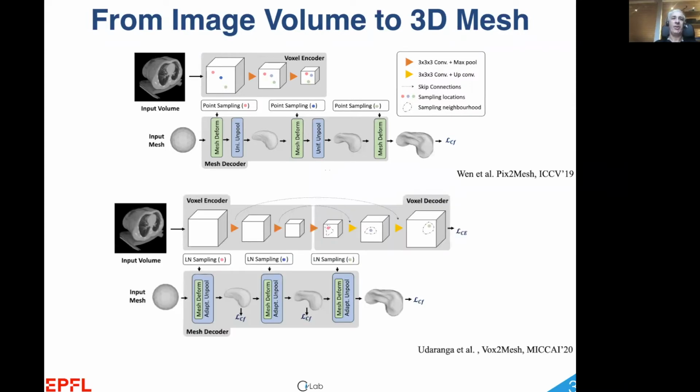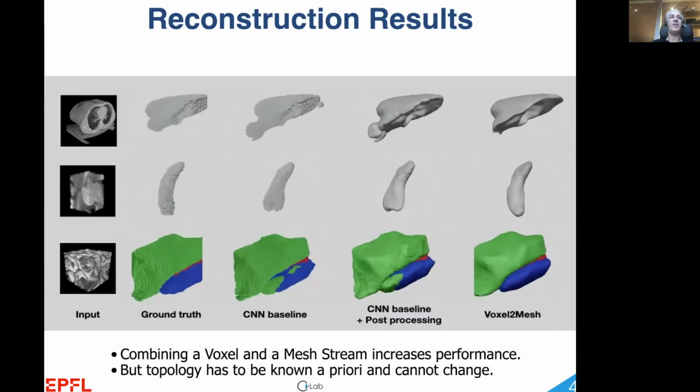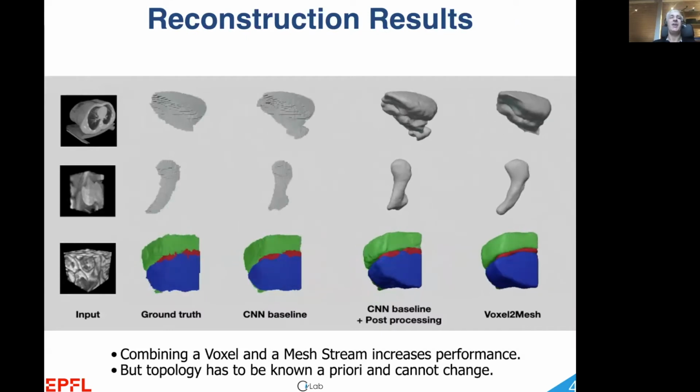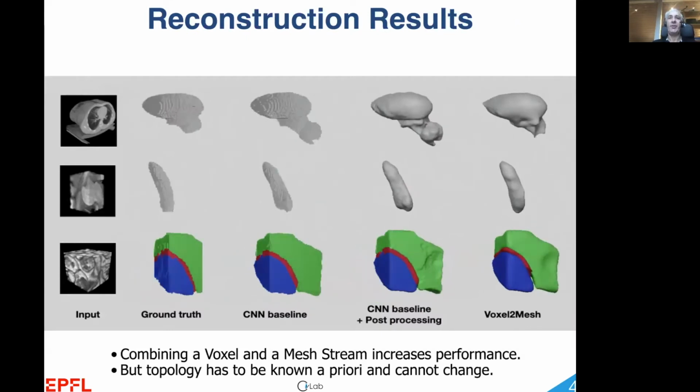This gives good results, but they can be further improved by using a two-stream architecture that decodes both to a mesh and to a volumetric representation, with intermediate connections between the two decoder streams to ensure they truly operate in tandem. These three examples feature CT, MRI, and EM data volumes.